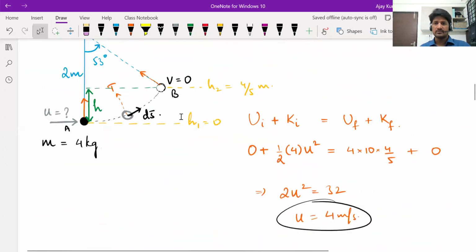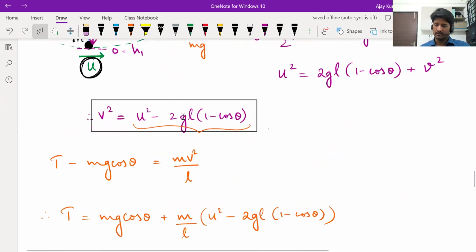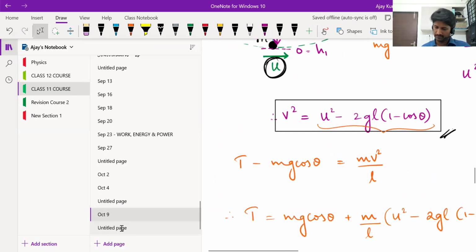So last class we derived, where is that speed expression? Motion in a vertical circle. When the string rotates by some angle theta, the speed expression is v square equals u square minus 2gL into (1 minus cos theta).